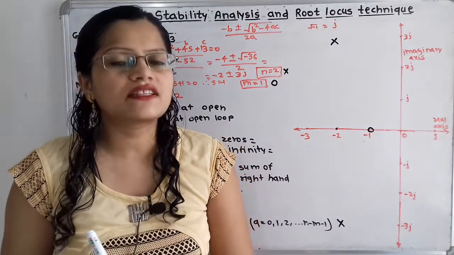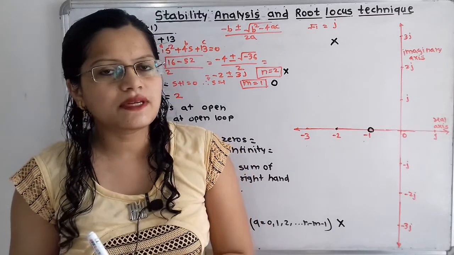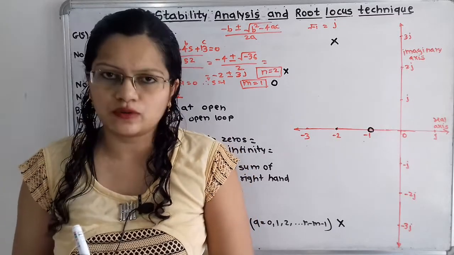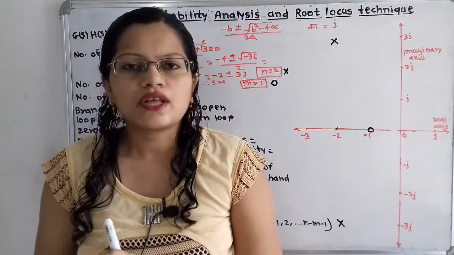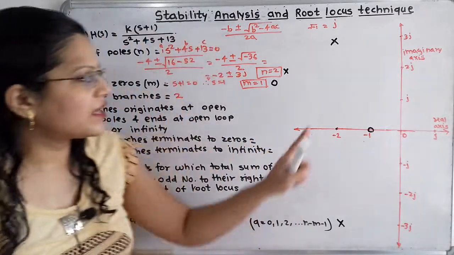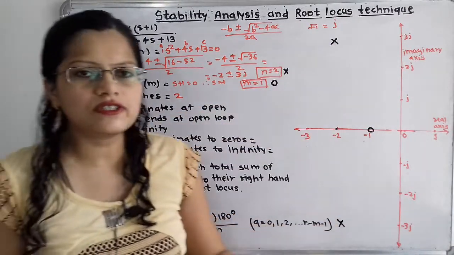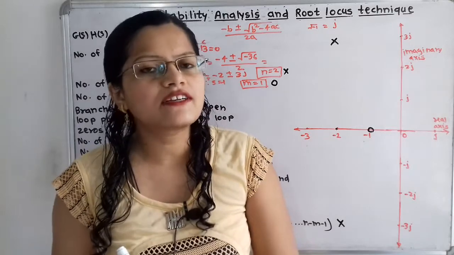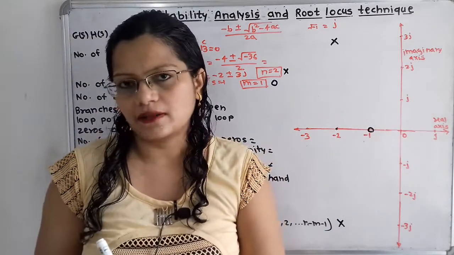So we know that the branches originate from the poles and terminate at zeros, and the remaining branches terminate at infinity. Now if we observe, there are a total of 2 branches which will originate from these 2 poles, and one branch will terminate at the zero because here only 1 zero is there.